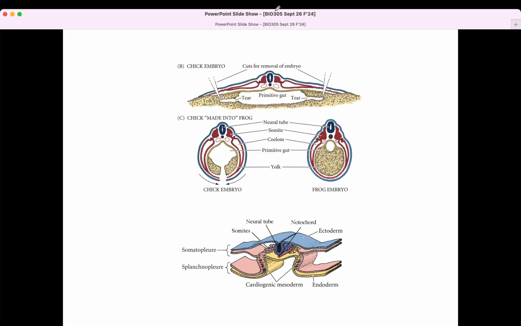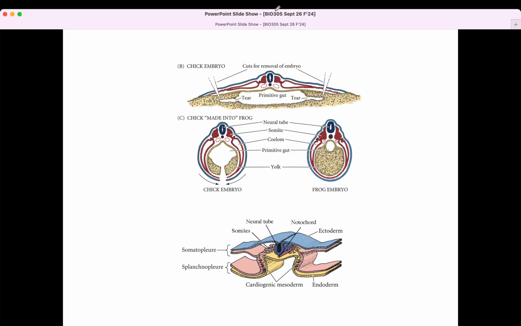This is just a figure from another book that's trying to show that although we're starting with a flat coin-like embryo in chickens, you could just pretend to take the coin and fold it, sort of like a bowl that's upside down. If you did that, the cross section of a chicken embryo and a frog embryo actually look pretty similar.